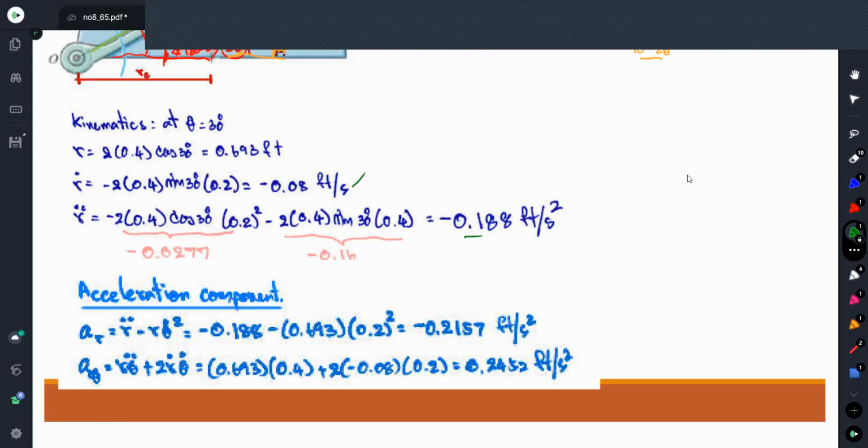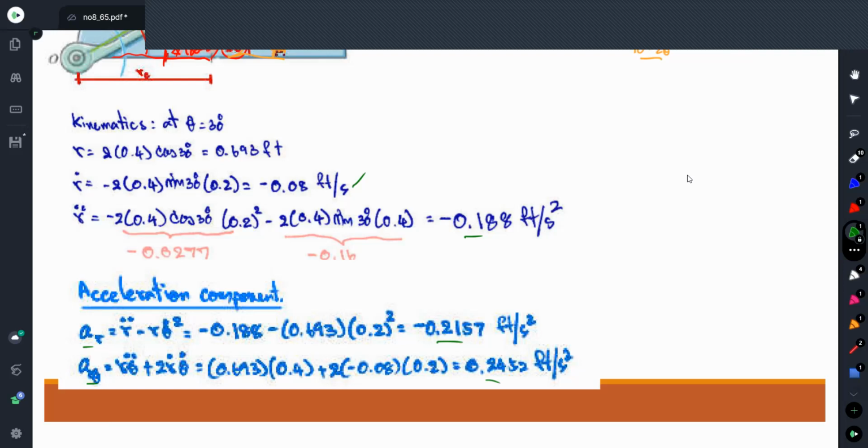According to these values, we can find a r and a theta here. They become minus 0.2157 and 0.2452 foot per second squared.